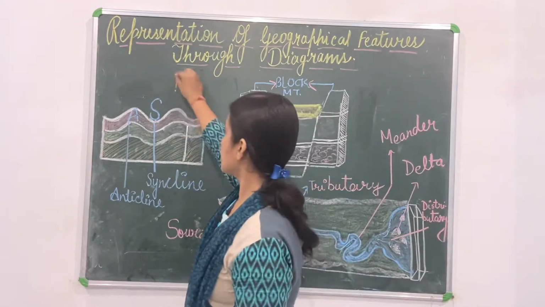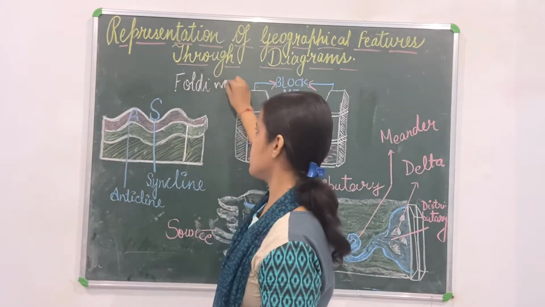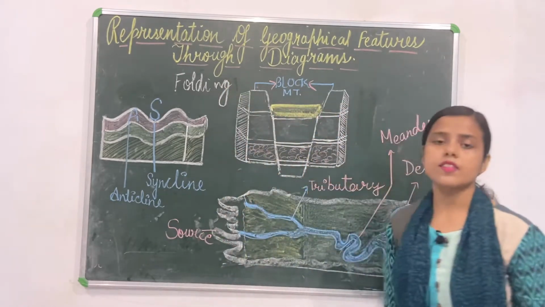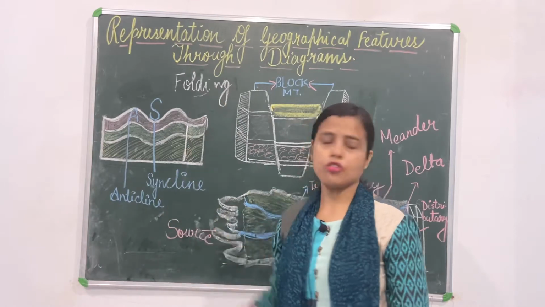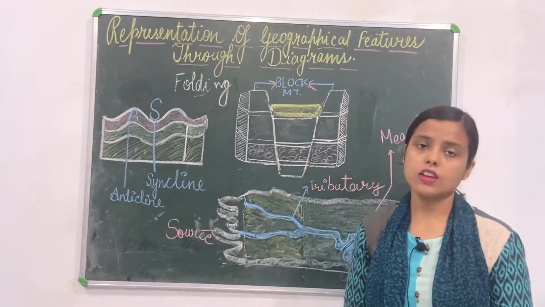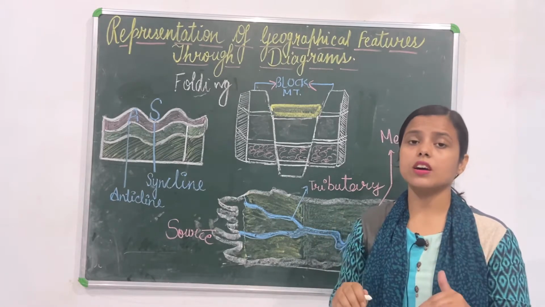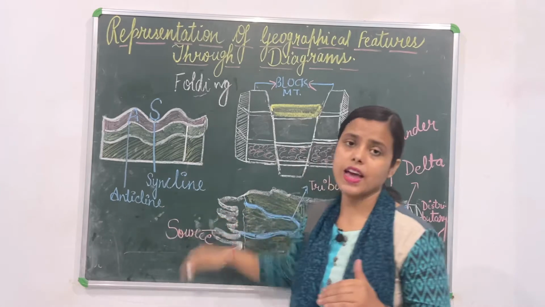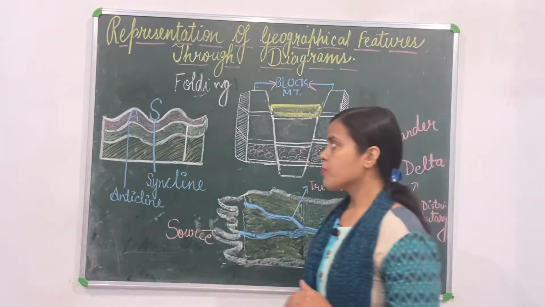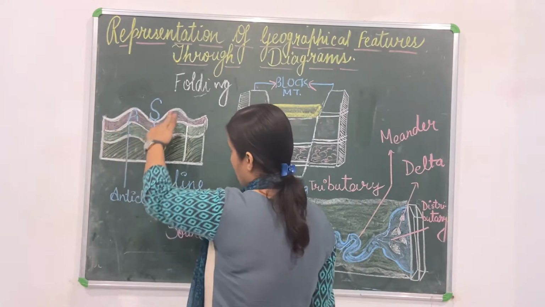Which word? Folding, F-O-L-D-I-N-G. You can say folding is responsible for the formation of anticline and syncline. The compression, the movement that happens beneath the earth, causes folding, which results in the formation of anticline and syncline.